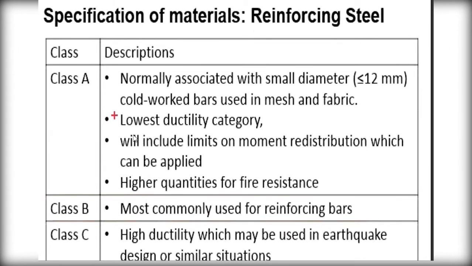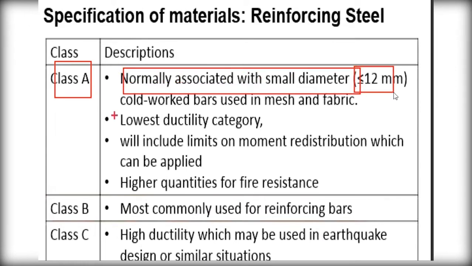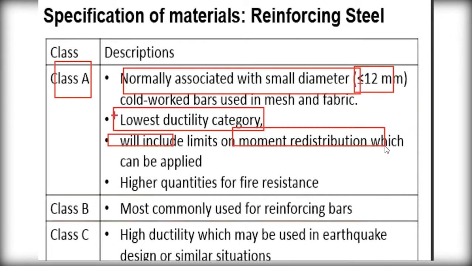Now also the material of the reinforcement is classified by grade. There is class A, which is normally associated with small diameter, less than 12 millimeter. It has lower ductility, which limits the moment redistribution in which it can be applied, with high quantities and fire resistance.